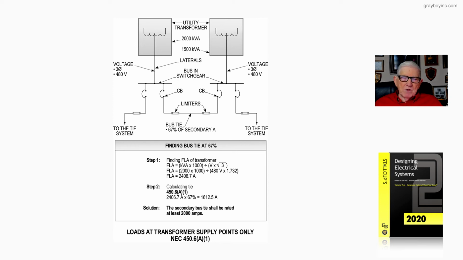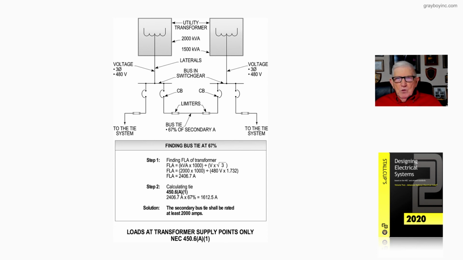Rounding that up to the next size bus tie, it would be approximately 2,000 amps. So that would be the bus tie that you see here, from transformer to transformer and to the switchgear bus with its limiters there. And then you see the size that it would be calculated.